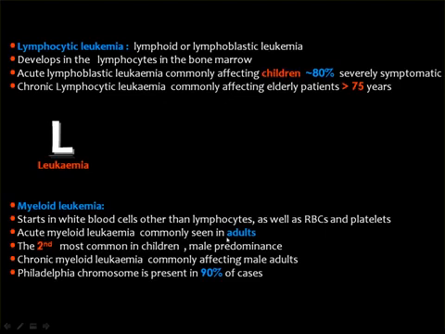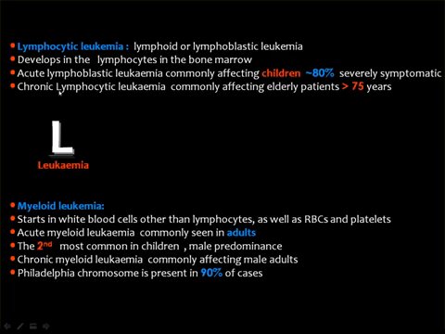Acute myeloid leukemia is seen in adults, but it is considered the second most common in children after lymphocytic leukemia. Then chronic myeloid leukemia is also seen in adults, where the Philadelphia chromosome is present in about 90% of the cases. Then to remember once again, lymphocytic leukemia is a disease of the pediatric age group, the acute type.